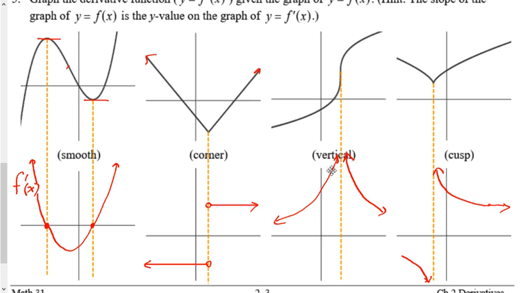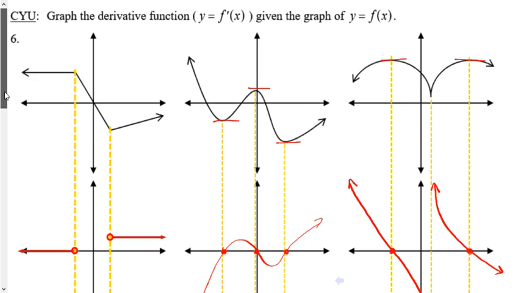Now, if instead our graph had curved more like this, with a negative slope to a vertical tangent line and then curved the other way, then my derivative function would have had the asymptote here and both sides would have gone to negative infinity, because I have a negative slope approaching negative infinity on both sides. So it's not always a positive infinity, but in this example it was, and it was also in question number 8.